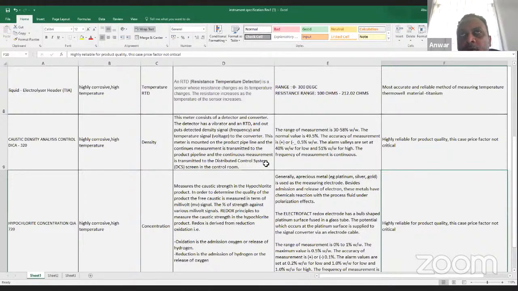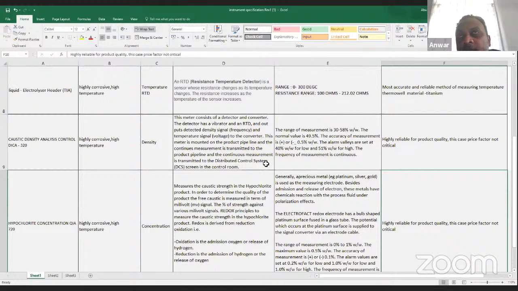So along the way, we will cool down that gas. So when you cool down that gas, you will have a lot of moisture. So we will have a moisture meter installed to measure the amount of moisture that should be present in the downstream of the chlorine gas. Why?